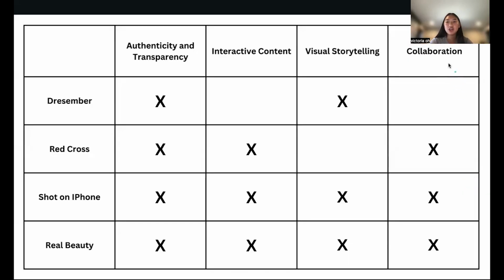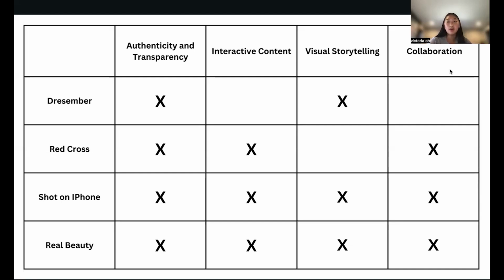As we can see on this chart, we have the 4 tactics that I introduced in the beginning and the 4 nonprofit and for-profit campaigns that I've discussed. Authenticity and transparency, interactive content, visual storytelling, and collaboration.